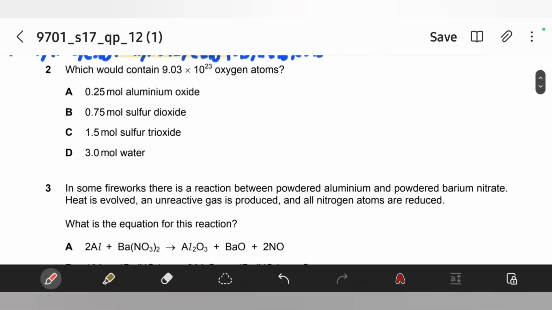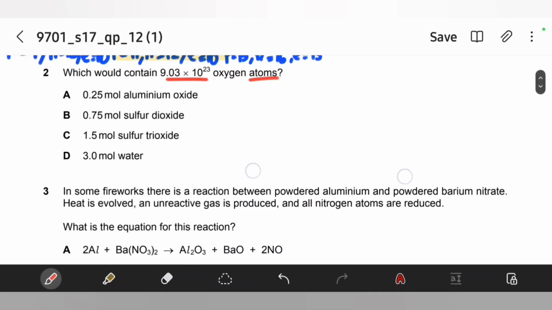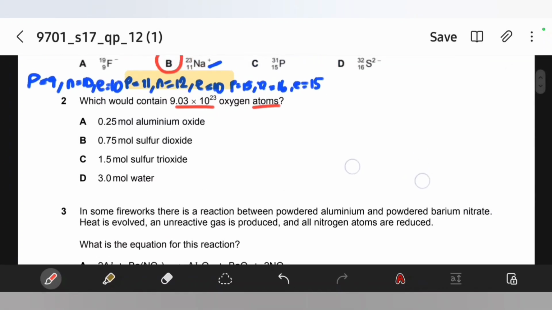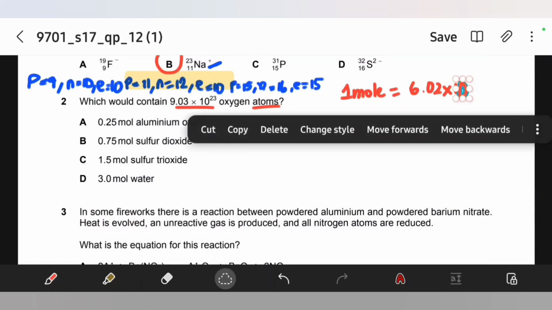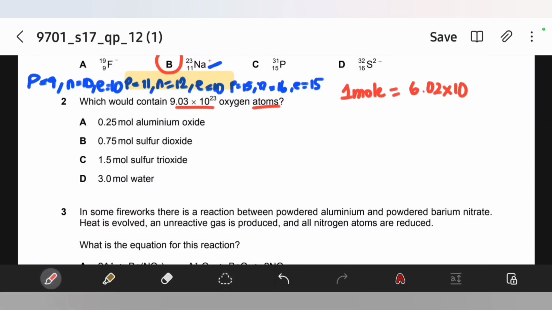Moving on. Which would contain 9.03 into 10 to the power 23 oxygen atoms? So let's do some calculations. So we know that 1 mole of any substance contains 6.02 into 10 to the power 23 atoms, which is also the Avogadro's constant.